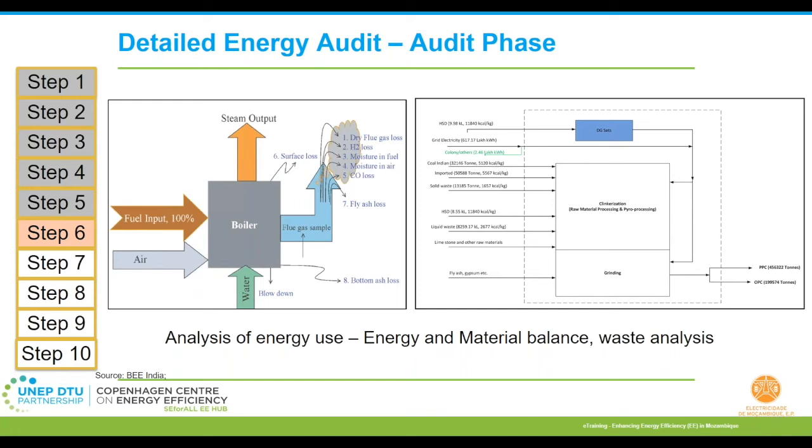Is it due to the excess air being supplied, or improper or partial combustion, or excess moisture present in the fuel? Or you find out that there is a lot of heat loss happening through your flue gas, and at times there are possibilities of capturing that waste heat, whatever is available or feasible, before venting it out.